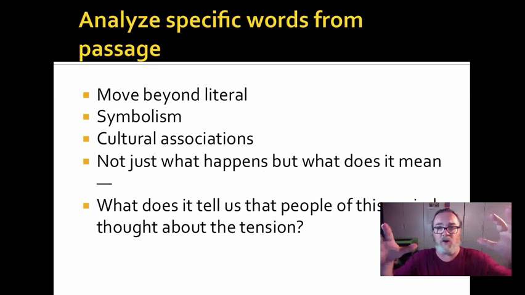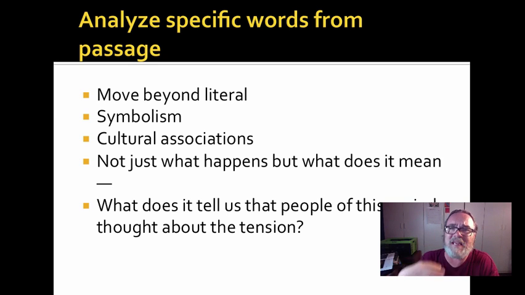So now you've got your question. Now's the part where you start trying to analyze specific words from the passage. And you want to move beyond just plot summary when you can and talk about the symbolic cultural meanings of words. When a character uses that word, how does it resonate in that culture given what's going on in the play and at the time the play is written?